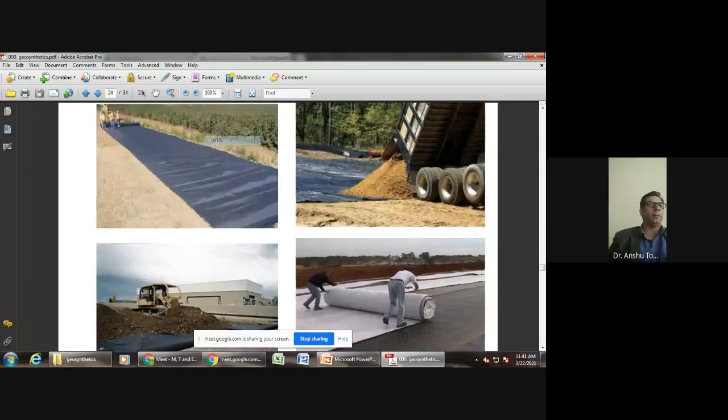You can see the uses: laying over the surface, which we are using for dumping a particular material which should not be mixed with the layer beneath.